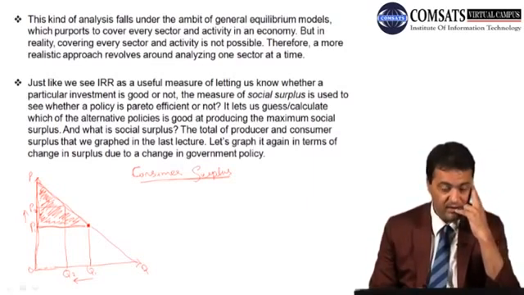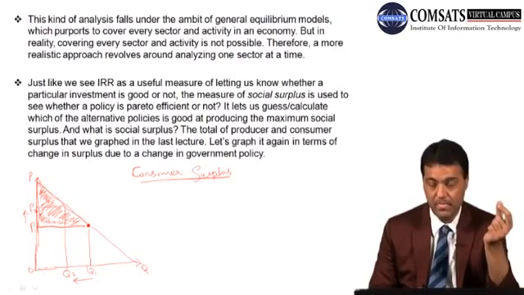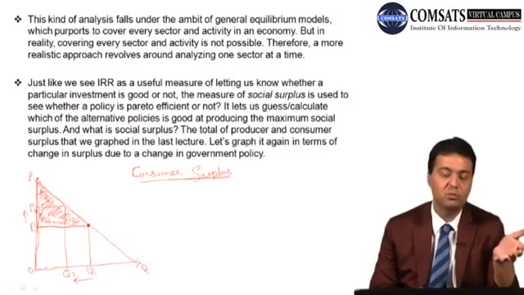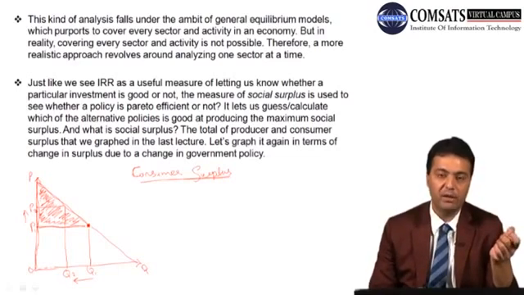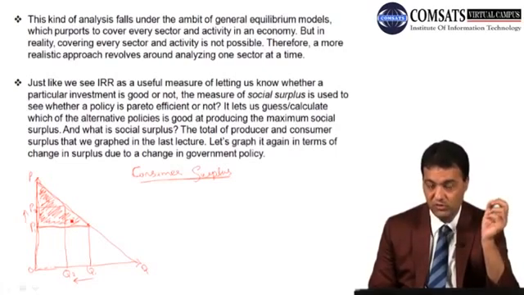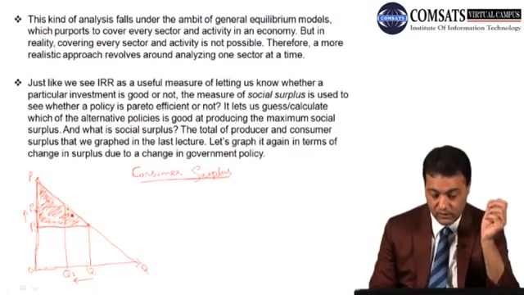Now what happens over here is that after a subsidy, suppose it is withdrawn and that product becomes expensive, the price moves up to P2 and the quantity declines from Q1 to Q2. Over here, that loss in consumer surplus is represented by this area. Now only this triangle. Let me just darken it just so that you can easily understand it.